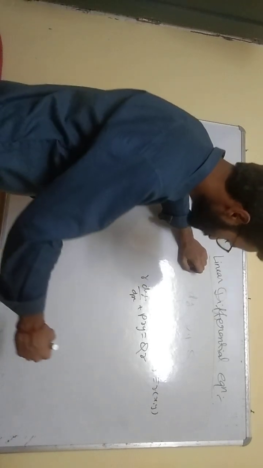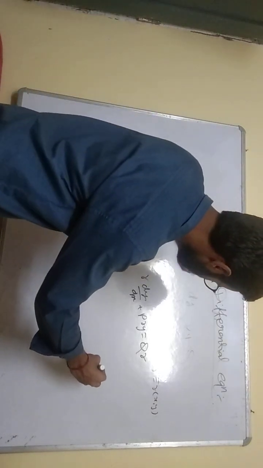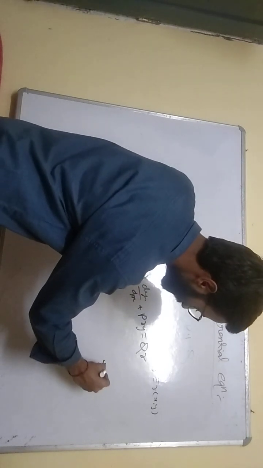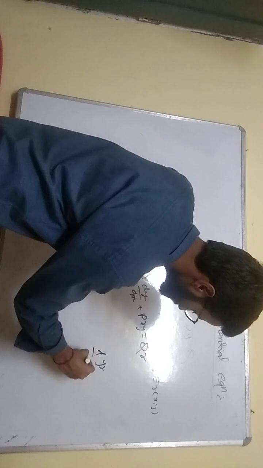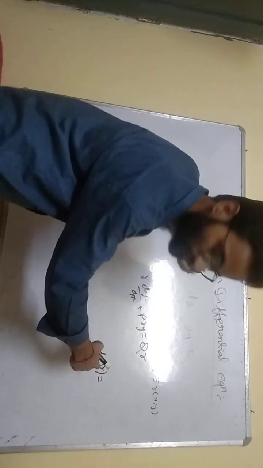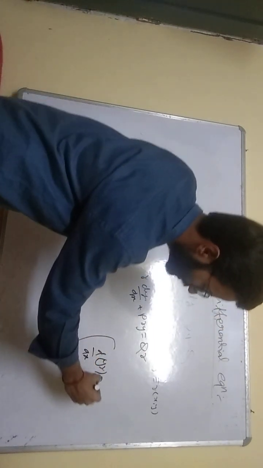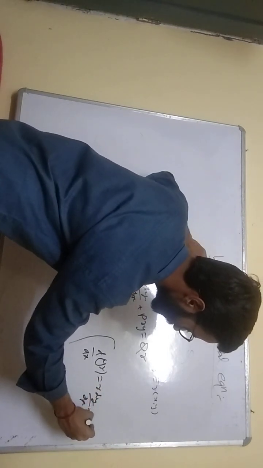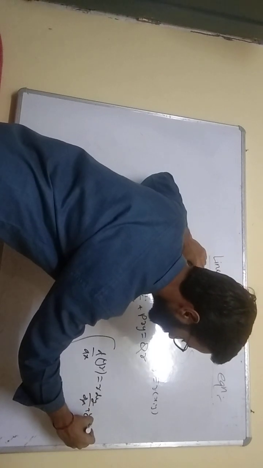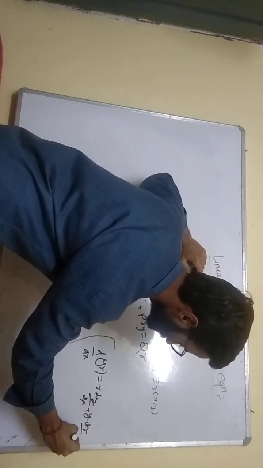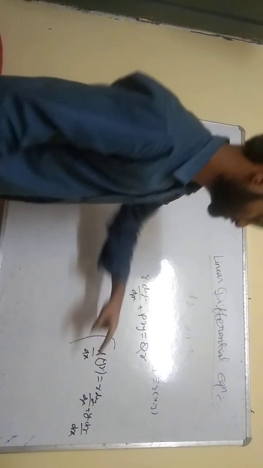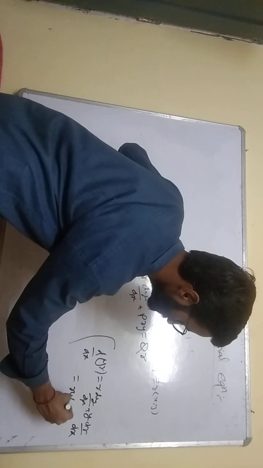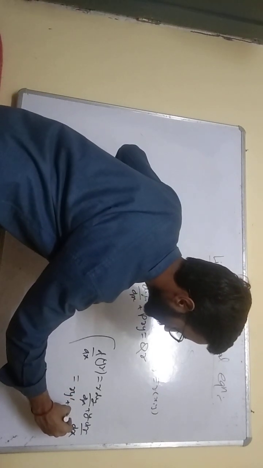Now you know that if you take y r and integrate this with respect to x, what will you get? You will get r dy by dx plus y dr by dx. So that will be r y dash plus y r dash.